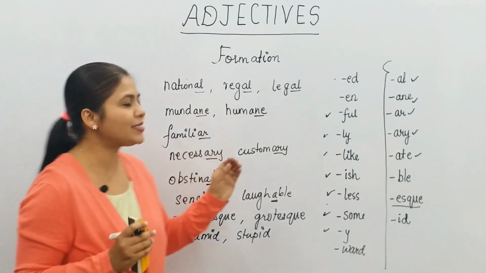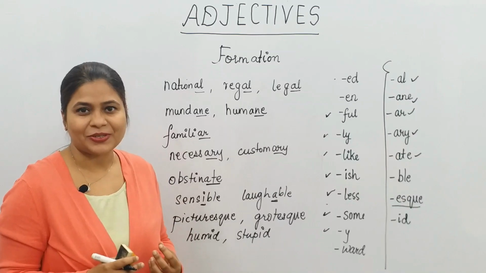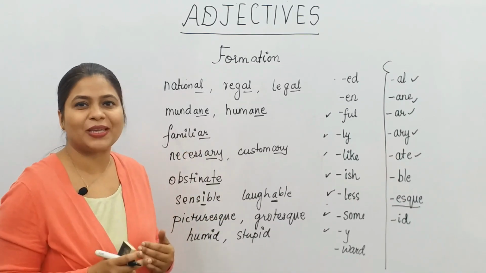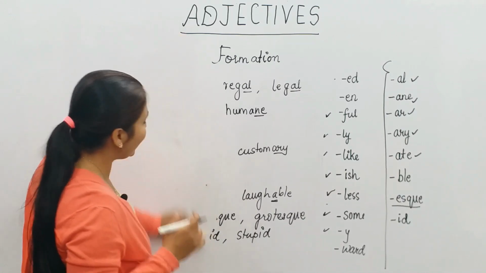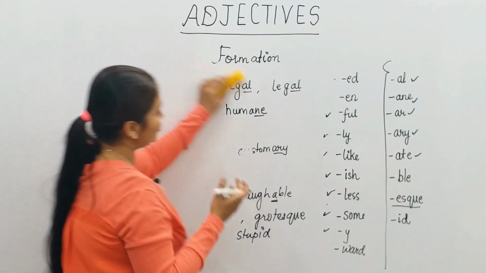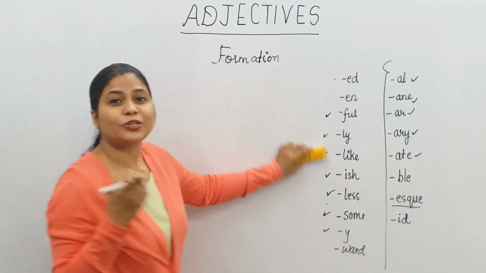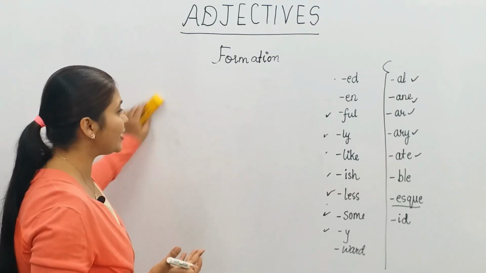So these are some basic suffixes which we can learn, and we can make adjectives. We'll practice a few words. I'll write them down for you on the board, and then we are going to make the adjectives out of them. One good thing about learning how to form adjectives is you will be able to spot the adjectives when you're reading sentences or articles.